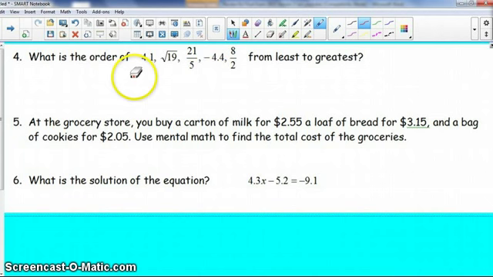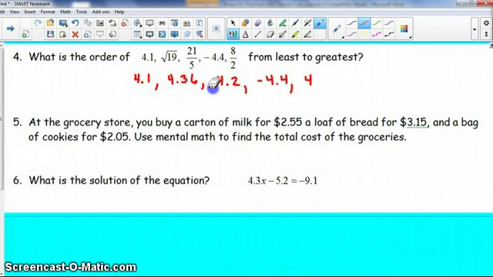So 4.1 is already a decimal. I'll just bring that down, comma. When you type in the square root of 19, you get 4.36. When you type in 21 over 5, you get 4.2. Negative 4.4 is already a decimal. And 8 over 2 is just 4, or 4.0.